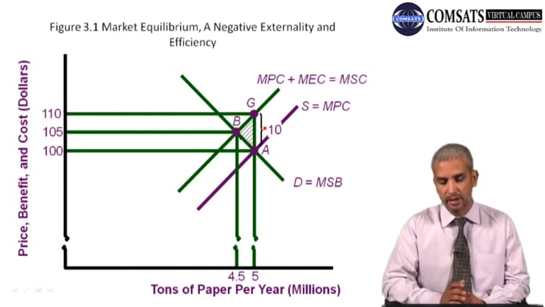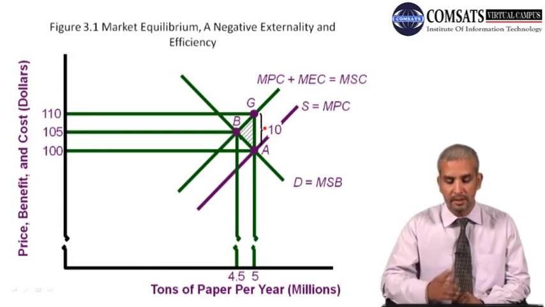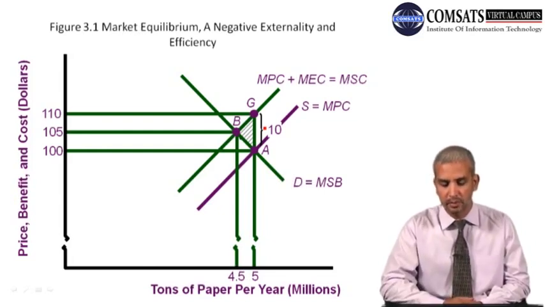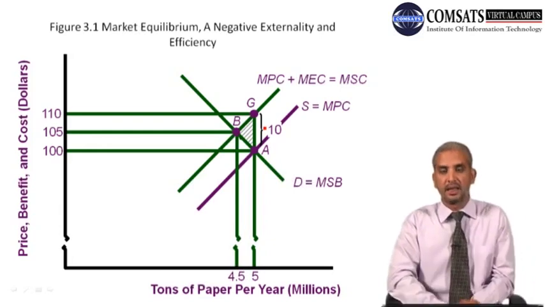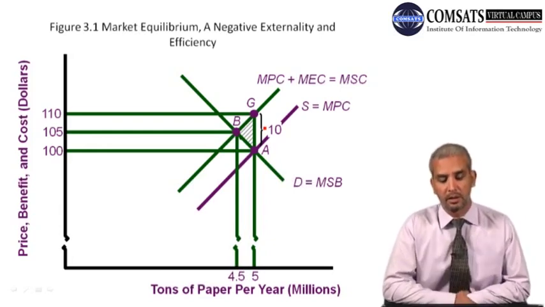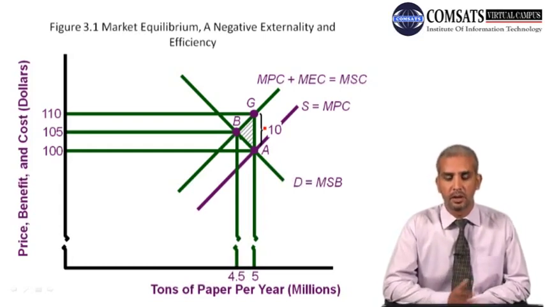In other words, G is above A, equivalent to a distance of $10. Now these mechanisms can be corrected, which we would discuss very soon, but just as an example, we can tax this producer for excess production, and that would reduce the production and point towards efficiency.